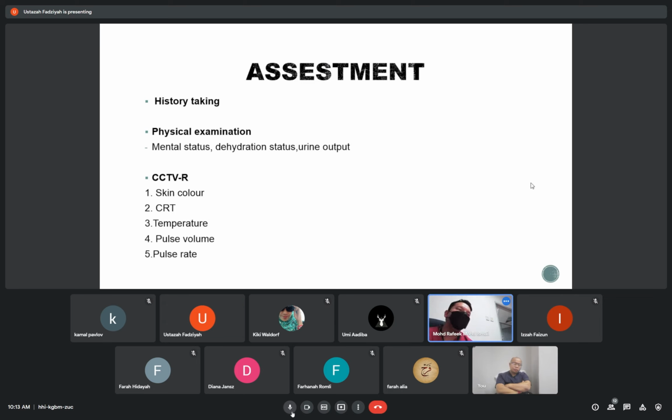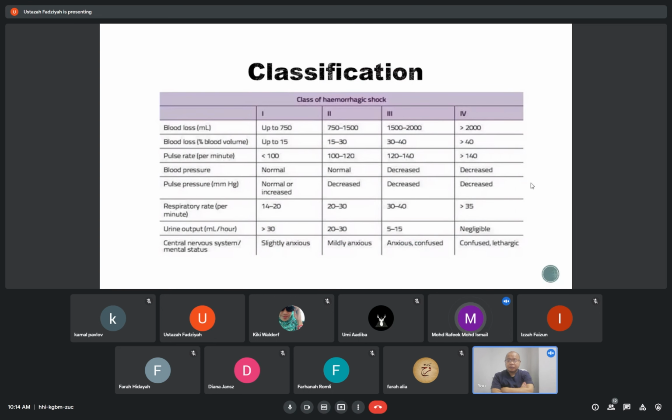Just the classification of shock. Like Dr. Rafeek said, this is very important, so you must remember it. The reason you need to know this classification of shock for hypovolemic shock is partly to determine which fluid you start first.